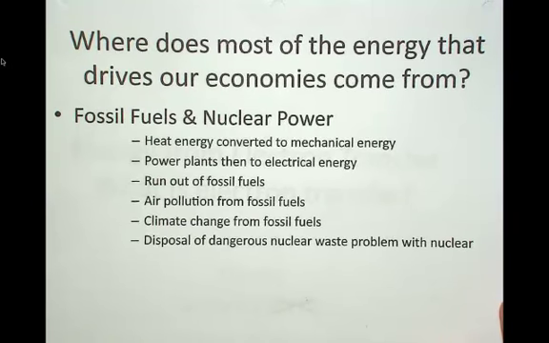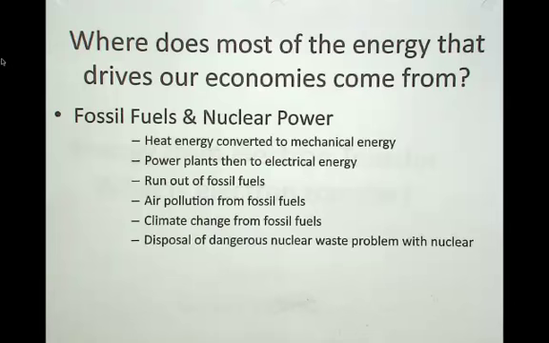So in both the case of using the nuclear energy or the fossil fuels as your primary energy source, what we're doing is, upon either chemical change or nuclear change, the heat energy that's liberated is converted to mechanical energy. I think it's important for you all to recognize that anytime there's a change, whether it be a chemical change, a nuclear change, or even just a physical change, energy is involved.